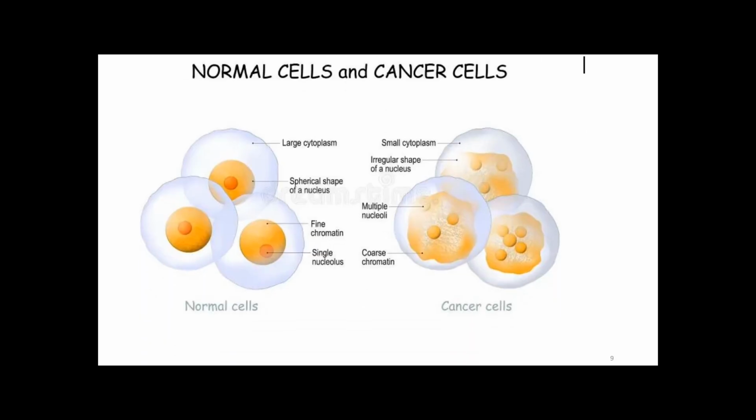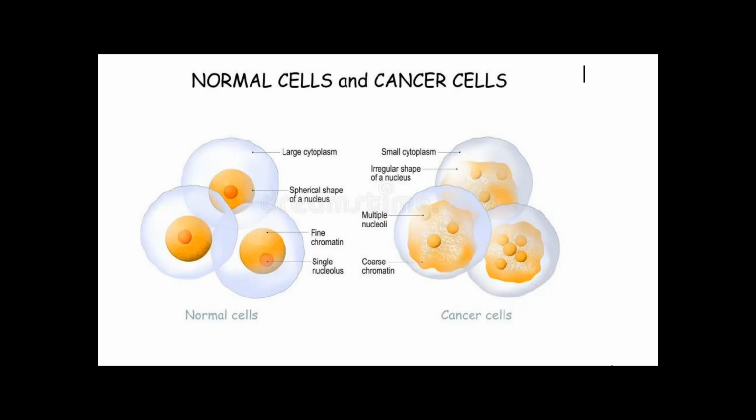So here you can compare the normal and abnormal cells. Normal cells have cytoplasm, nucleus and nucleoli. Here the normal cell has a larger cytoplasm. The nucleus has a spherical shape and fine chromatin arrangement.